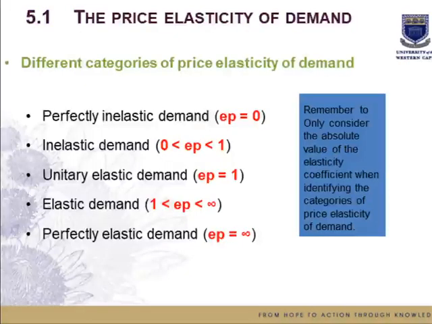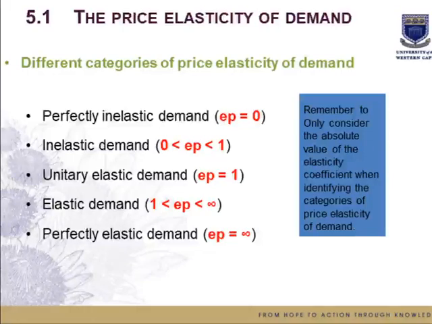The relationship between price elasticity of demand and total revenue can also be understood further by looking at the 5 different categories of price elasticity of demand. These categories are: 1. Perfectly inelastic demand, where the elasticity coefficient is equal to 0. 2.